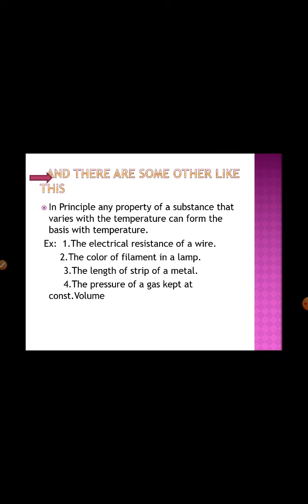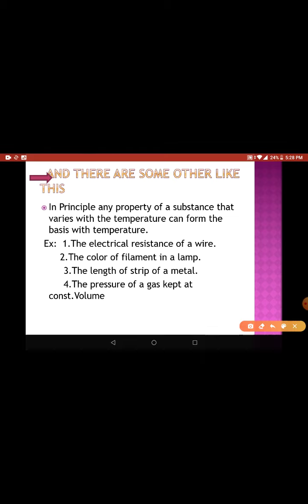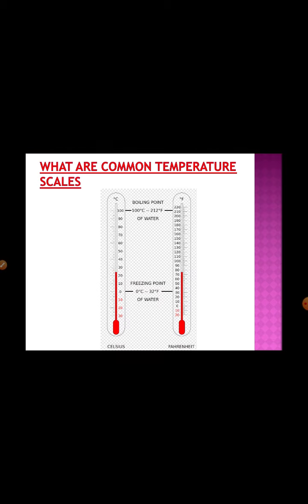In principle, any property of a substance that varies with the temperature can form the basis for a thermometer. So you can use any property that changes with the temperature as a thermometric property to devise a thermometer. In the earlier case, in the Celsius and Fahrenheit thermometers, we used mercury expansion as a thermometric property.